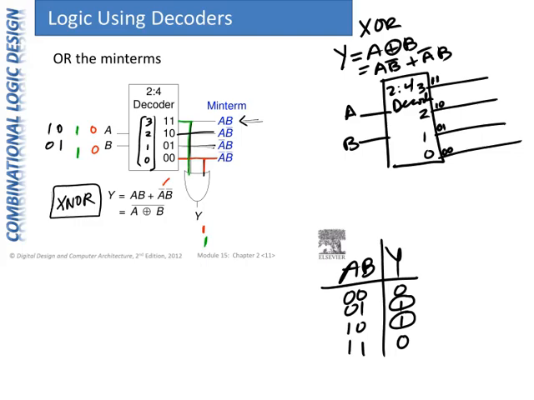So we want to pick off the minterms, minterm 1, and OR that with minterm 2. So we can use decoders for logic. We can also use our multiplexers for logic.